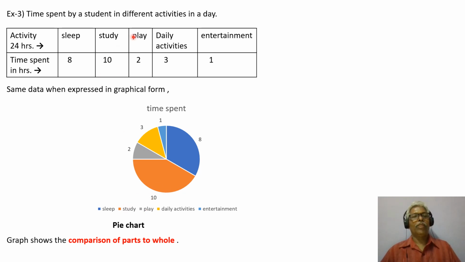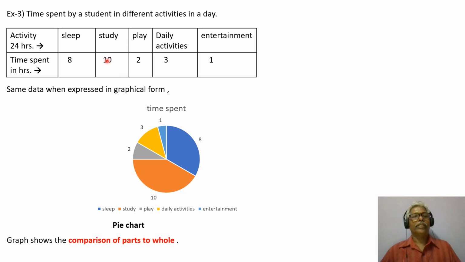Now play gray, daily activities yellow, and entertainment sky blue. So this area or this angle depends on the parts. So we can judge where the time is spent and in what quantity.